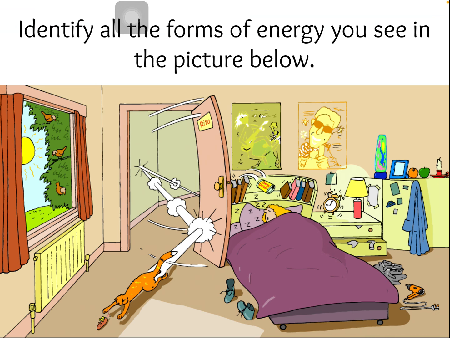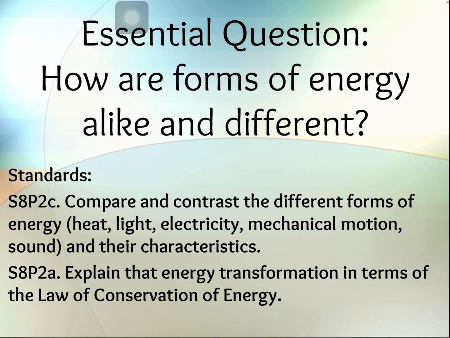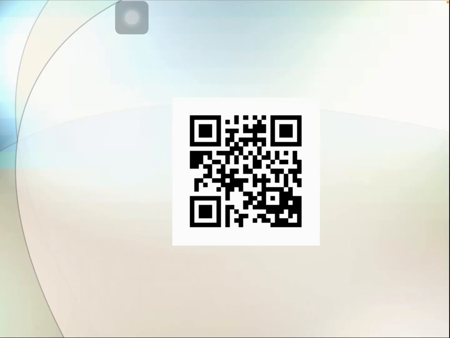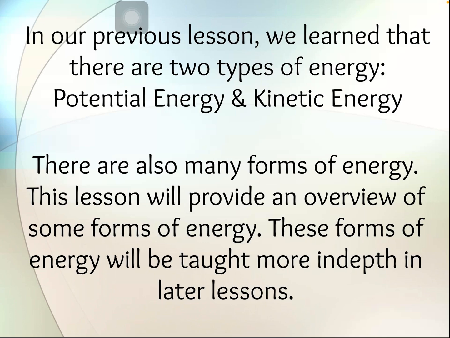So we'll go through them one by one. Okay, so here's our question. How are the forms of energy going to be alike and different? Okay, so in our previous lesson, we learned that there are two types of energy, potential and kinetic, right? Potential is stored energy. It comes in a lot of different forms.